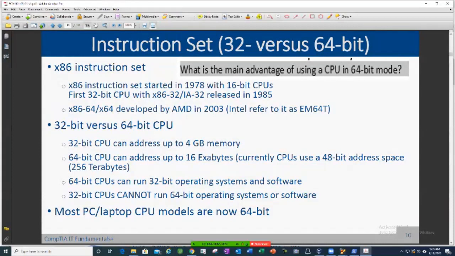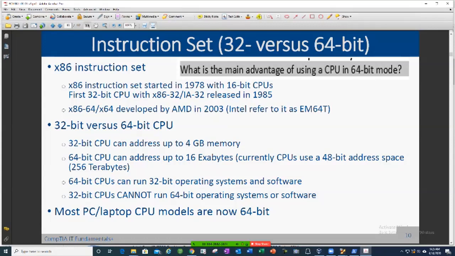Now keep in mind also that the CPU has to be 64-bit, the motherboard has to support 64-bit, and the operating system or the software also has to be 64-bit.